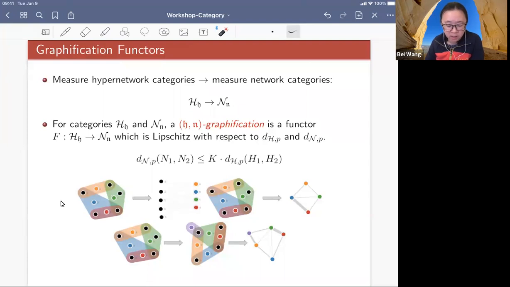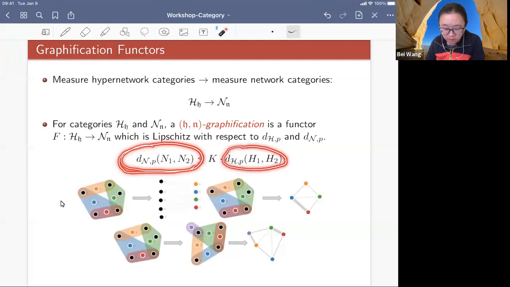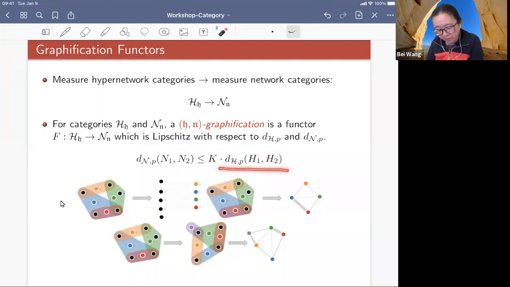We call it a graphification if this map is Lipschitz with respect to distance in both spaces. Here is the distance in the space of networks, and here is the distance in the space of hypernetworks. When you map from the space of hypernetworks to the space of networks, you want the underlying distance not to have too much distortion.